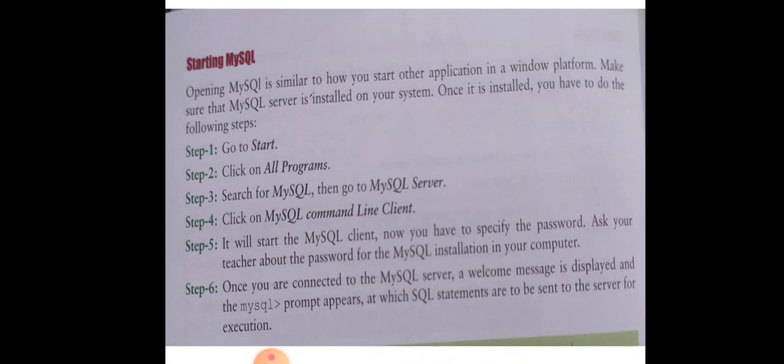Then it asks for the password which you used during the installation. Once you are connected to the MySQL server, a welcome message is displayed and the MySQL prompt appears, at which SQL statements are to be sent to the server for execution. You can quit from MySQL by typing quit.